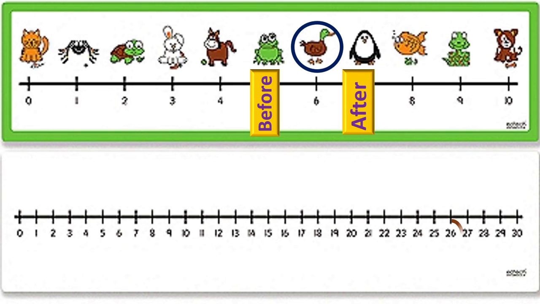Okay, here also we will select 26, and here you can see 25 is before number and 27 is after number, because 26 is our in between number of 25 and 27, and these 25 and 27 are neighbors of 26, right?